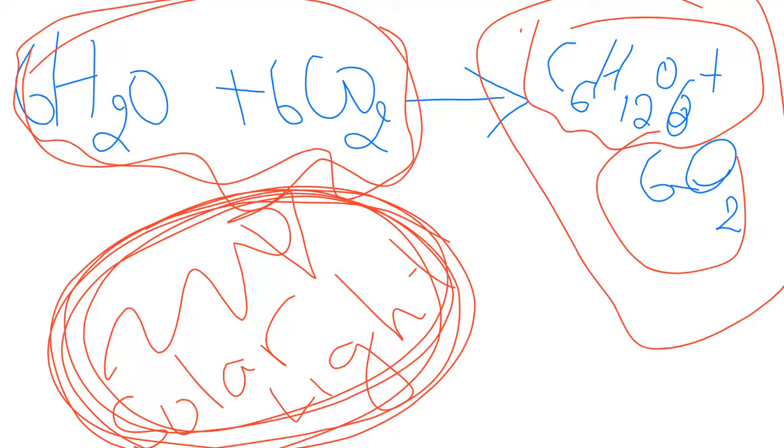C6H12O6 plus oxygen. So it's almost the reverse of cellular respiration. The one that I put in red, that's cellular respiration. This is what the cell does to harvest energy.